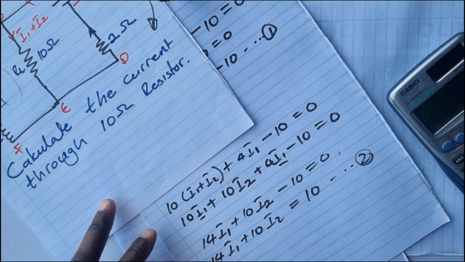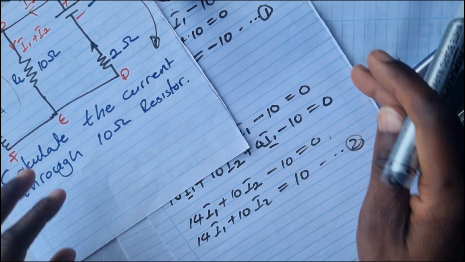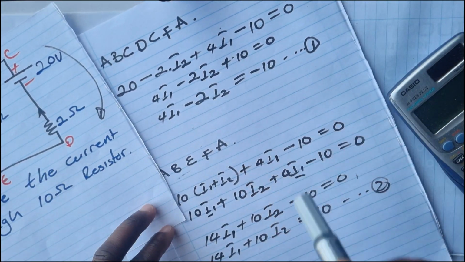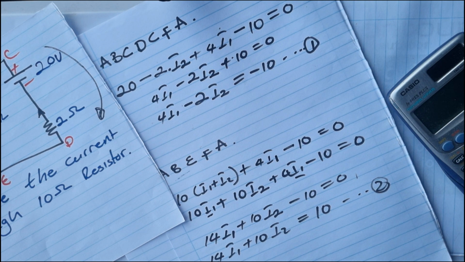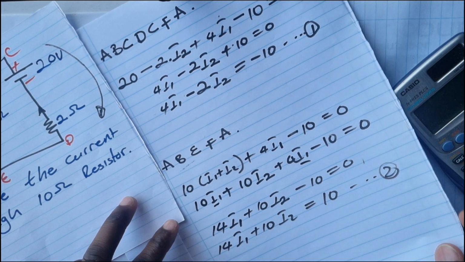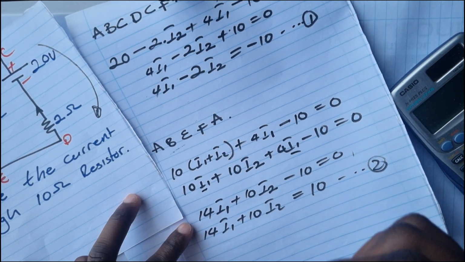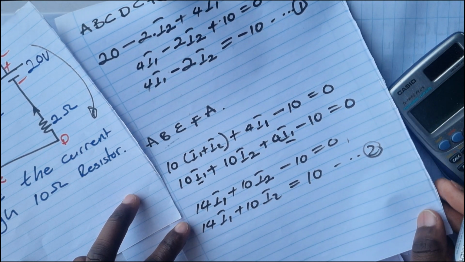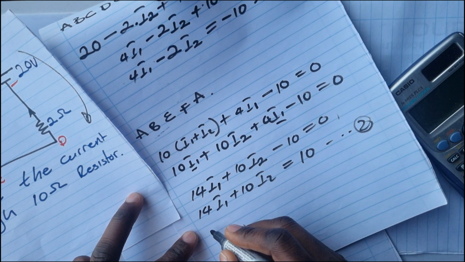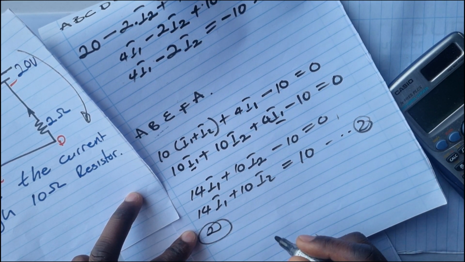So now that we have made equation 2, we can take either equation 1 or equation 2 to make equation 3. If I take equation 1, then I'm going to substitute equation 1 in equation 2. If I take equation 2, I'm just going to substitute it in equation 1. So now let's take equation 2.